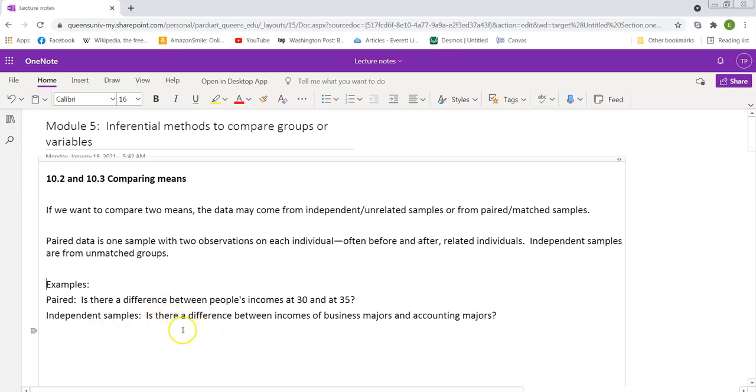And then by contrast, if we wanted to see something that was similar but not paired, is there a difference between incomes of business majors and accounting majors? We don't have any matched pairs there. We just have a completely separate group of business majors and accounting majors.